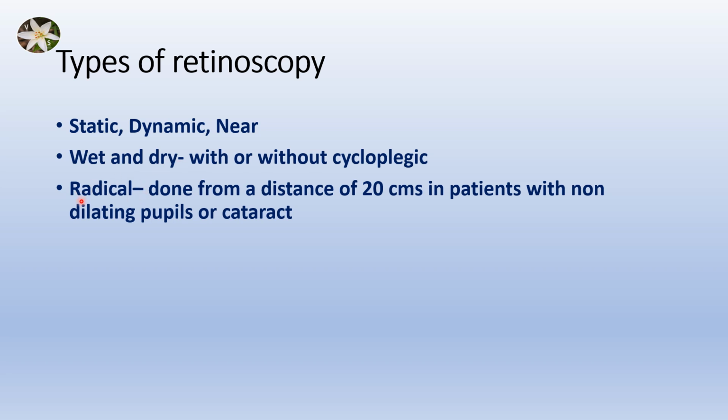And radical is done very rarely in patients who have non-dilating pupils. This is done from 20 centimeters distance. But most commonly what we do is retinoscopy at 1 meter distance, usually with cycloplegia in younger patients and without cycloplegia in older and cooperative patients.